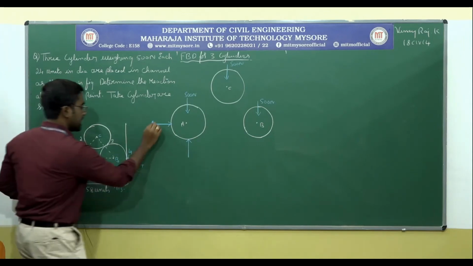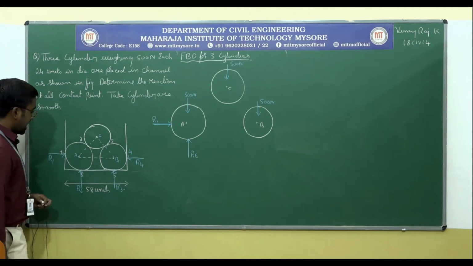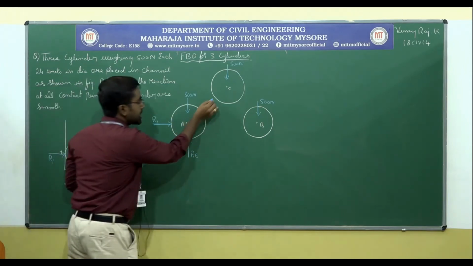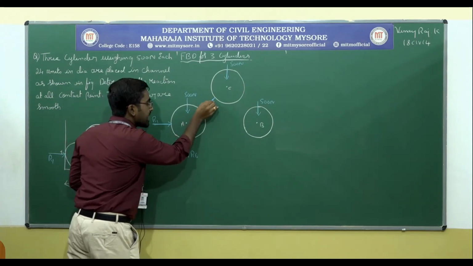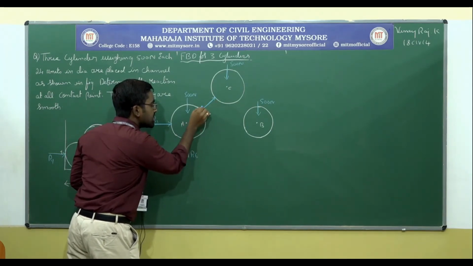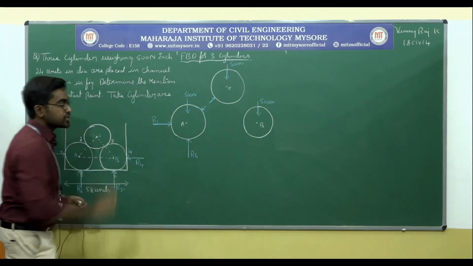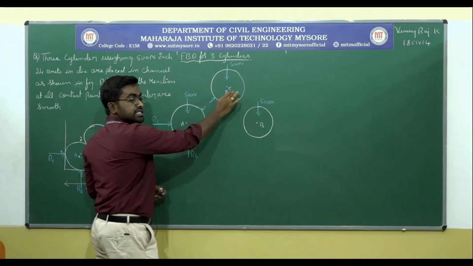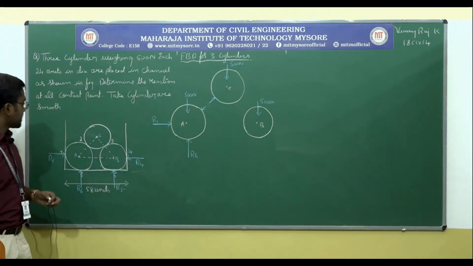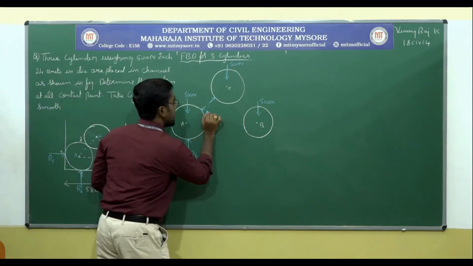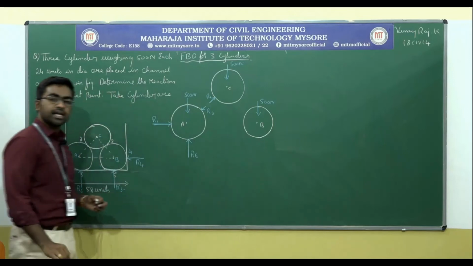So this will be R1, this will be R6, and let me mention the compression between these 2 cylinders, and even the compression reaction should be passing through the center of these 2 cylinders. Let me separate these 2. So this reaction is for cylinder C, this reaction is for cylinder A, and the reaction is R2, and even this reaction is R2, right?